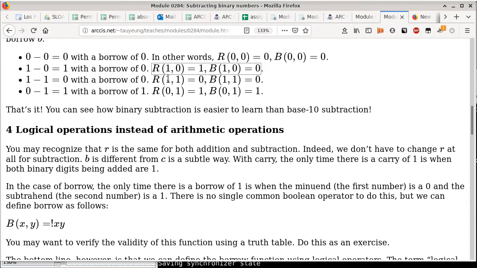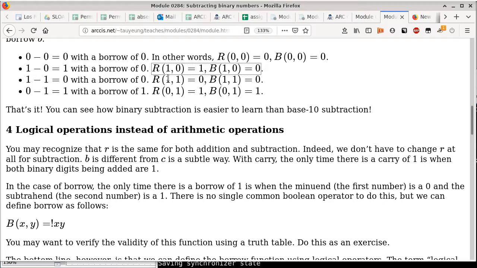And you might notice that we have seen it already. Is this R function any different from the R function in binary addition? 0 plus 0 is 0, or the result is 0. 1 plus 0 has a result of 1. 0 plus 1 has a result of 1. 1 plus 1 is the only one that's kind of tricky because it has a result of 0.